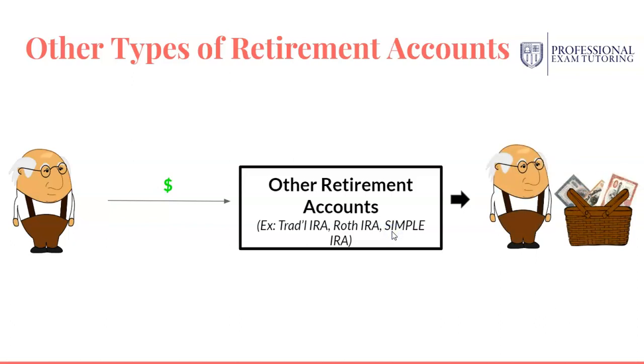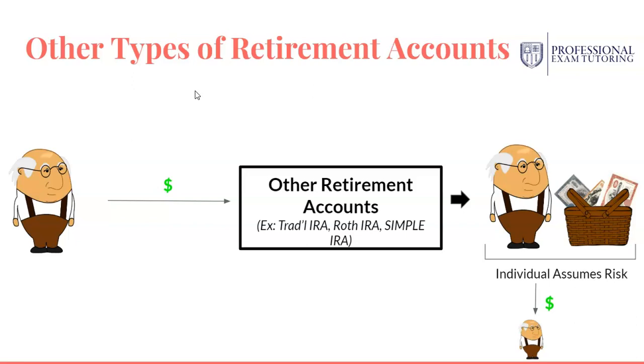So again, in these types of retirement accounts, the employee is taking on the risk, or in this case, it's just an individual. You don't actually have to be an employee to open some of these accounts. So they're taking on the risk and therefore also have to decide when to start withdrawing from those accounts and how much to withdraw over time.